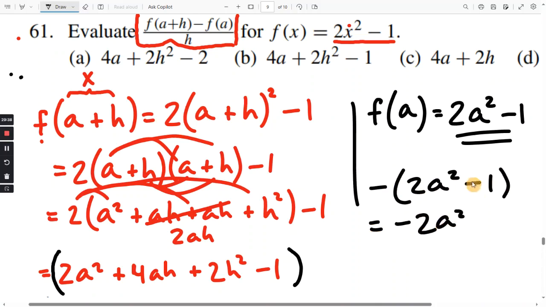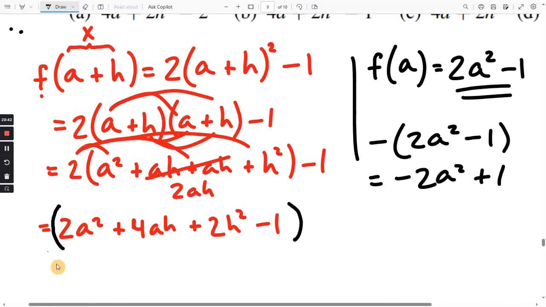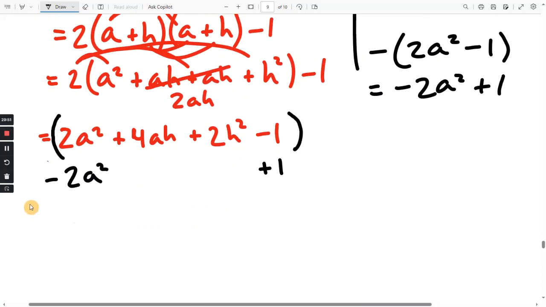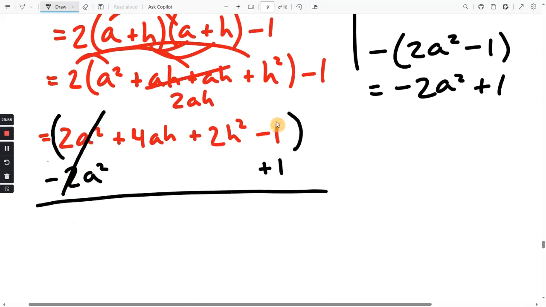And negative times negative is positive. So let's write it underneath: minus 2a squared and plus 1. So what happens here? It cancels right here, the 2a squareds and the 1s. And we're left with 4ah plus 2h squared.